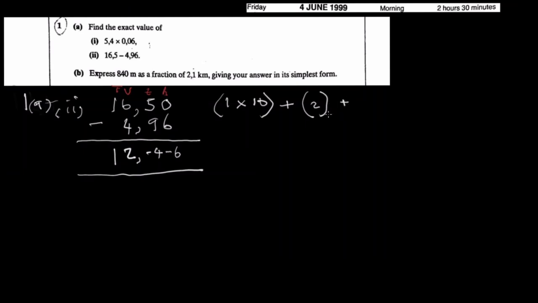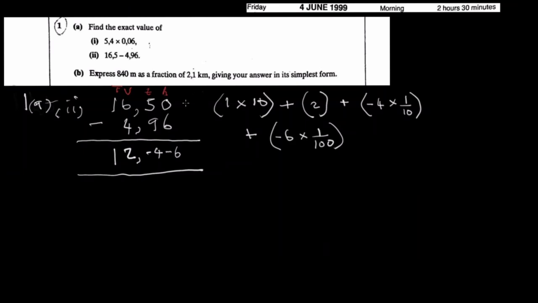And tens, it means minus 4 should multiply 1 over 10. And hundredths, it means minus 6 should multiply 1 over 100. Let us see if we can get to our answer.